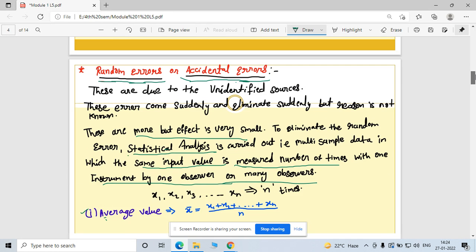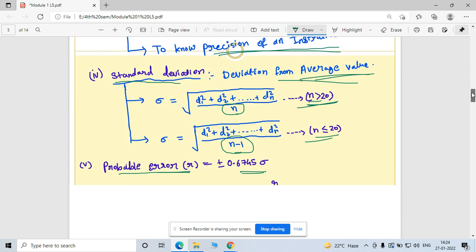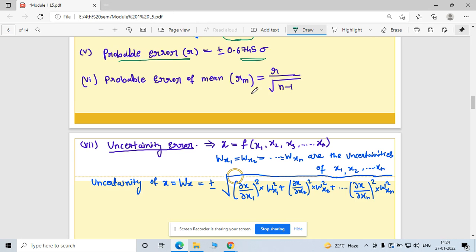Now the sixth one is the probable error of a mean, represented as R suffix m, which is R divided by the square root of n minus 1.